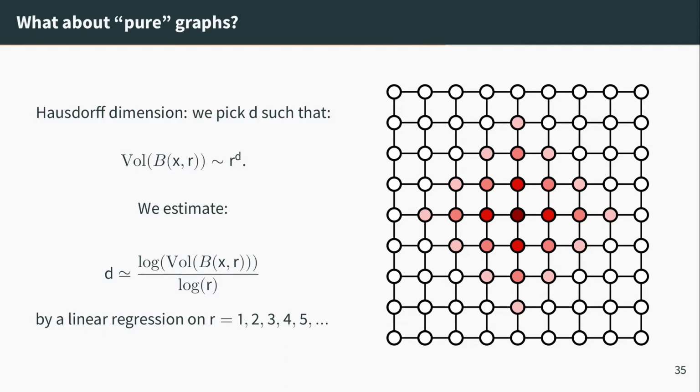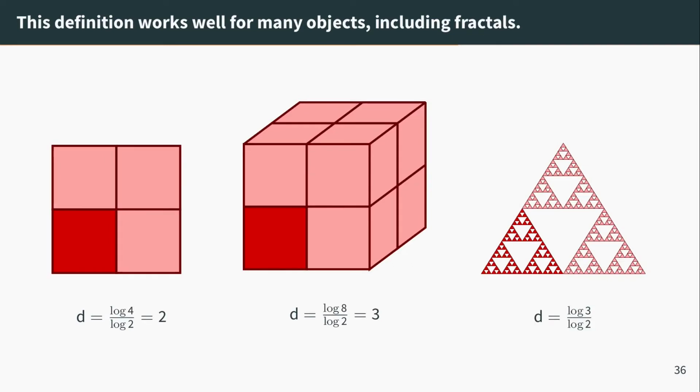So this looks like a good idea, and it's a definition that definitely works for many objects that come from classical geometry. Maybe you've heard about that under the name of fractal dimension, because it's a dimension that you can apply to things like a Sierpinski triangle, etc.